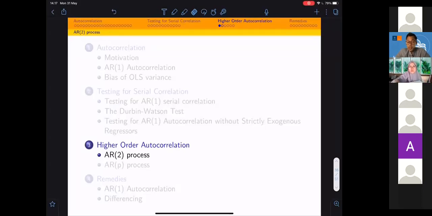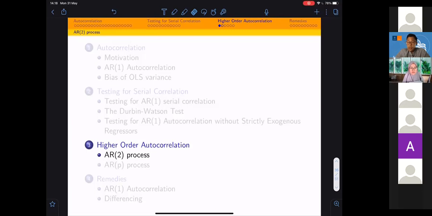Okay, so we're going to restart the discussion, and we're going to discuss higher order autocorrelation. So in the previous discussion, we assumed that the error terms follow autocorrelation of degree 1.